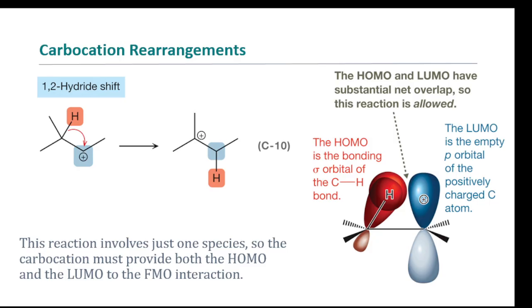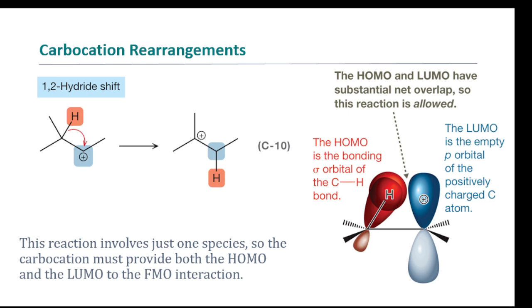So when we have this hydride shift, remember how I was talking about how the orbitals have to overlap and it's pulling electron density from that hydrogen bond orbital? That's actually what we were talking about. We'd always been talking about frontier molecular orbital theory. It's just we hadn't covered it yet, so we couldn't go into depth.